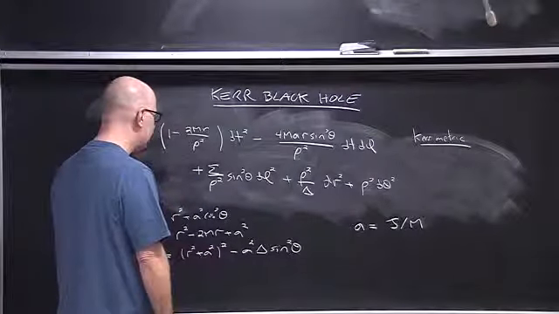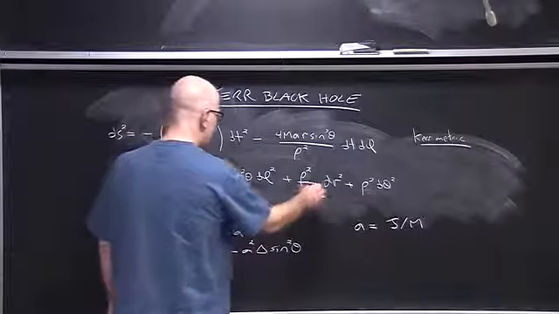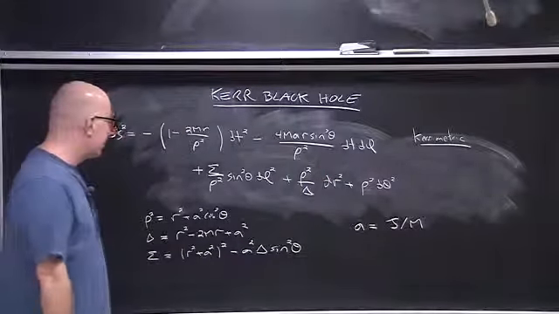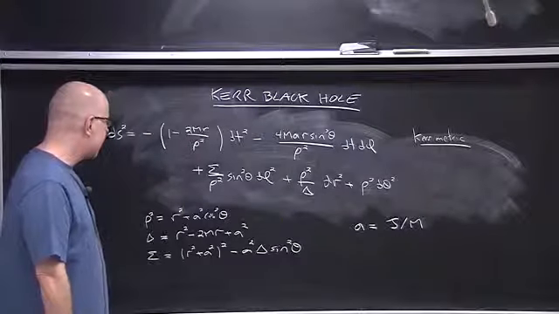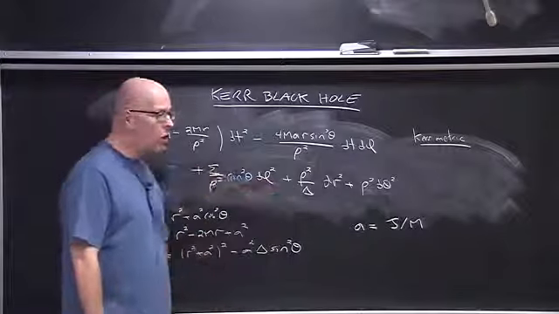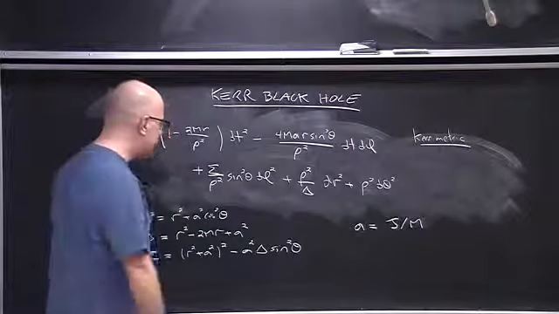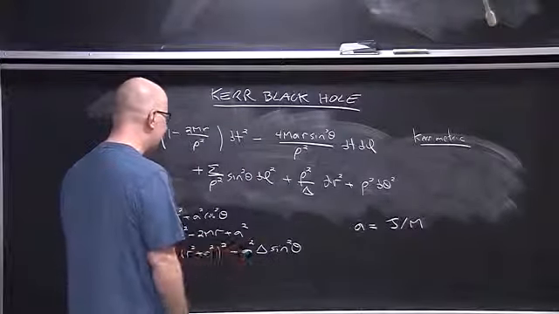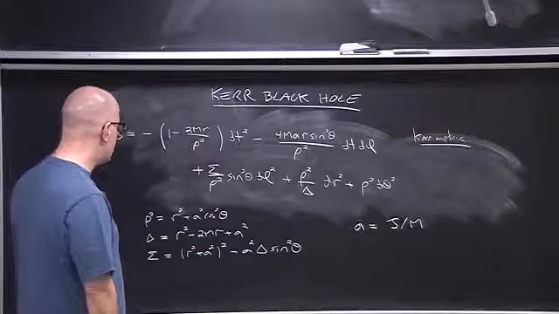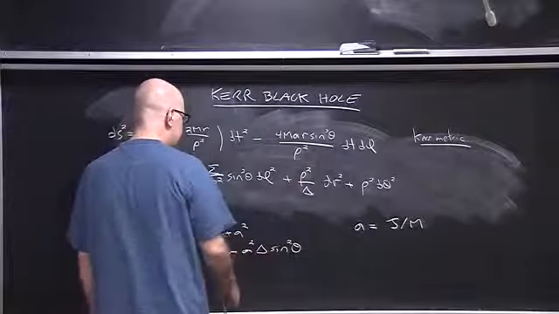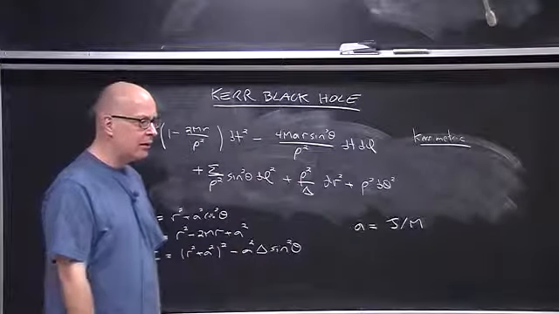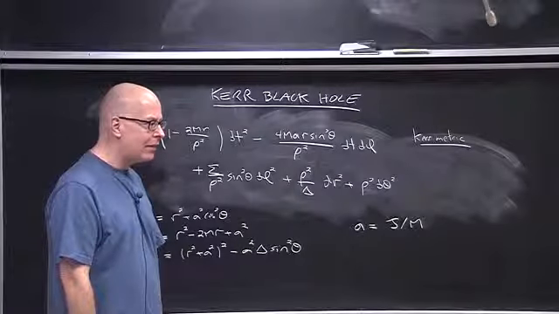The other place where we seem to have a singular behavior is where delta goes to 0. And delta going to 0 is not a genuine curvature singularity. It's, again, a problem with the coordinates, and it can be cured in exactly the same way by constructing Kruskal-type coordinates that go through the places where delta goes to 0. Delta going to 0 is basically going to be the place where we have the event horizon.